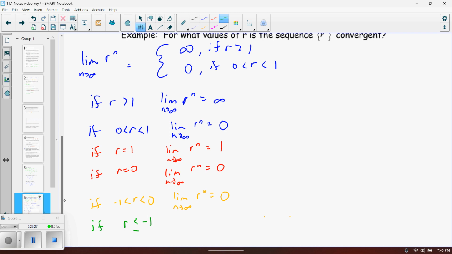They're basically bouncing back and forth between positive and negative, but moving further and further away from the 0 mark. So we would just say that the limit as n goes to infinity of r to the n would not exist. And that would be due to some kind of an oscillating behavior.